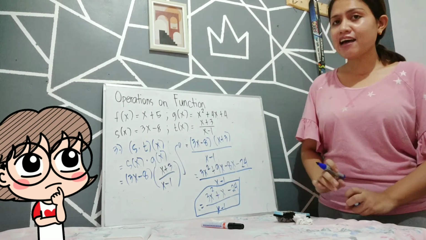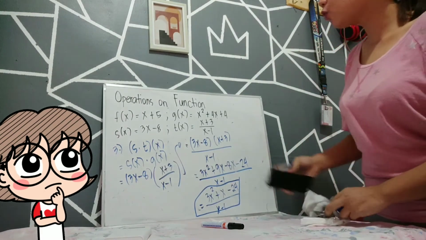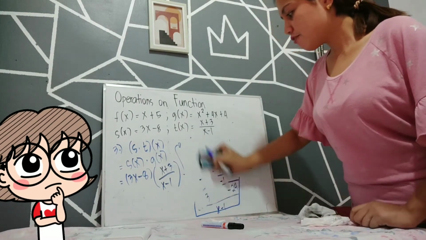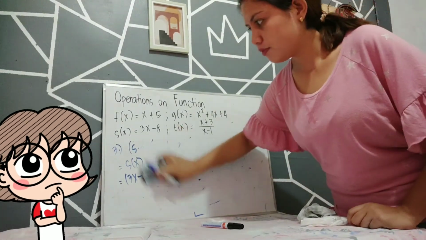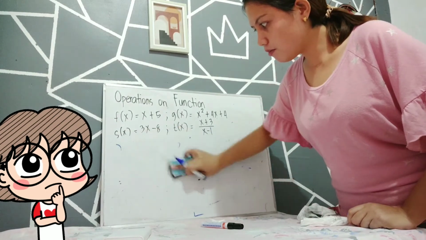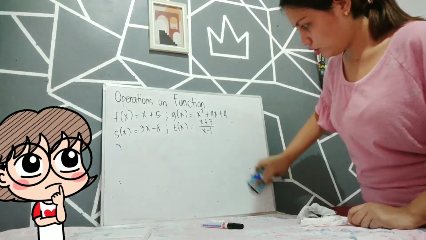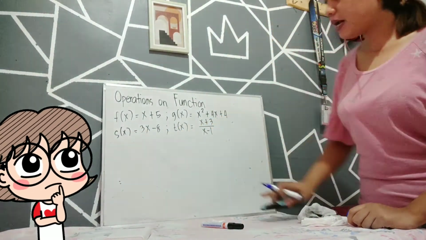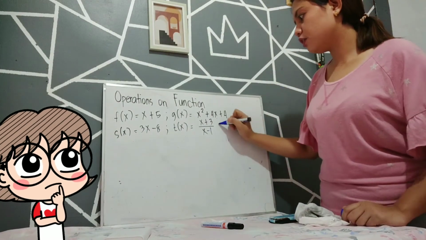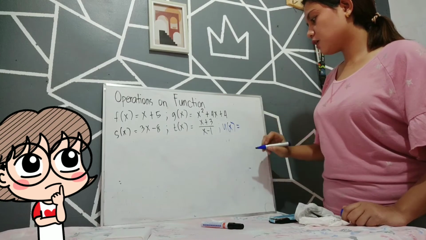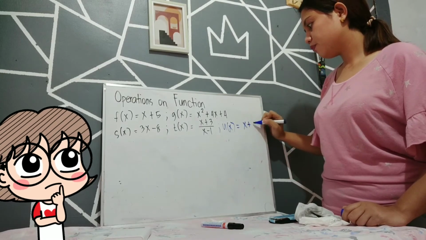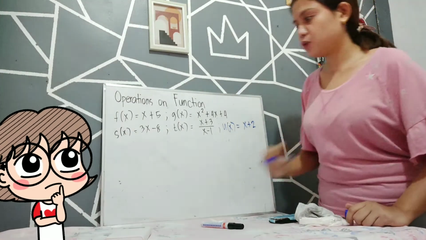Okay, let's have another example. How about when we divide a function? How about dividing a function? The same process. Let's add another function. u of x is equal to x plus 2.